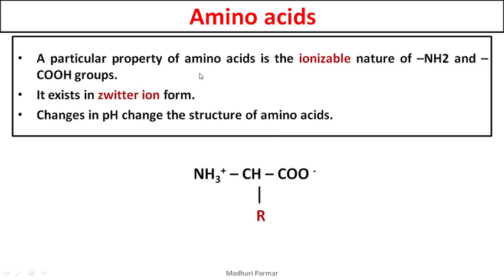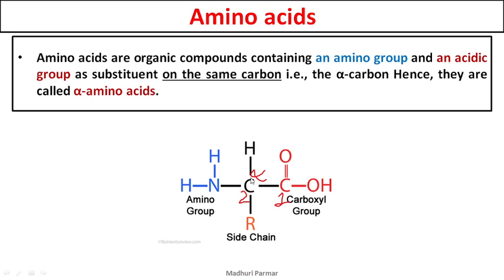The particular property of amino acid is its ionizable nature. Ionizable nature meaning it can get ionized and have a positive or negative charge. Clear? So let us see here. One more thing.